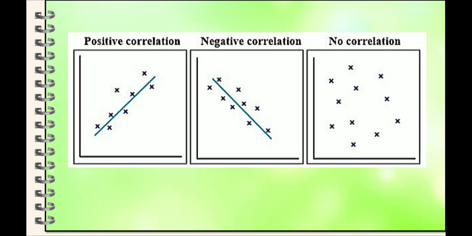While in negative correlation, the points lie close to a straight line, which has a negative gradient. This shows that as one variable increases, the other decreases. In no correlation, there is no important pattern to the points. This shows that there is no connection between the two variables.